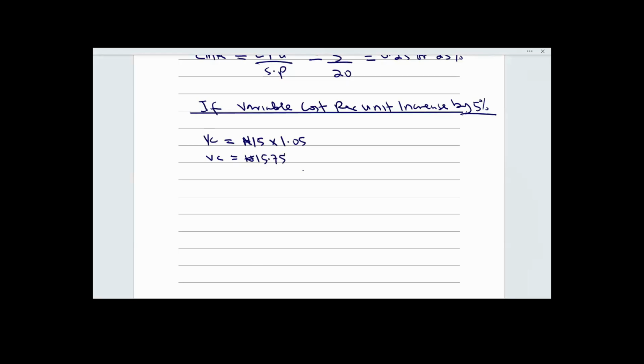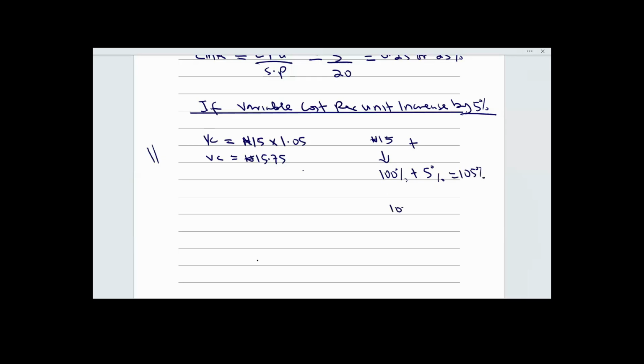Somebody will ask me, how did I get 1.05? The 15 naira is the 100% of the cost. The 5% increase is 5% of 15 naira. So this will be plus 5%. So 100 plus 5% increase will give me 105%.